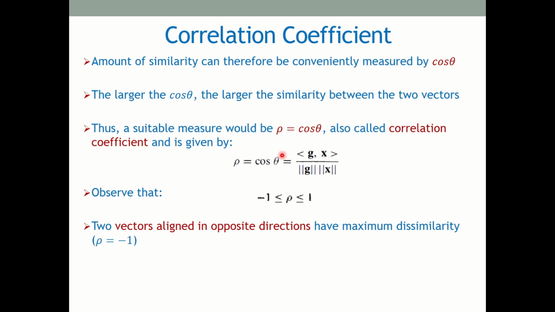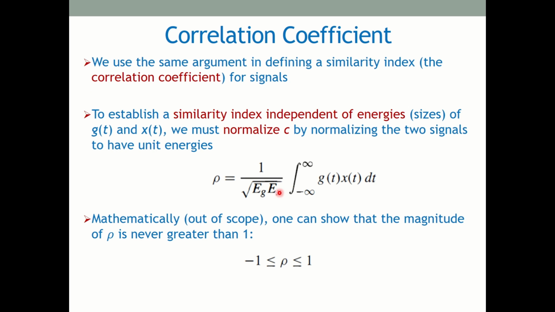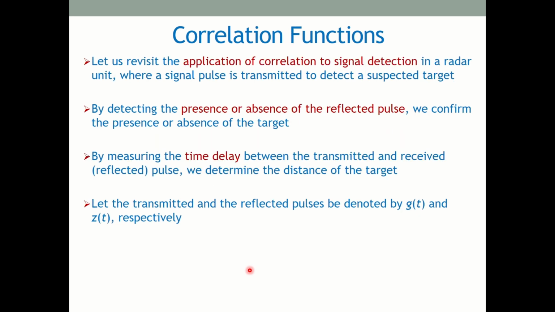We normalize this formula by the energies of the two signals between which we want to find the similarity. Mathematically we can prove that this rho again will never exceed the limits of -1 and 1, but this can be in another discussion.